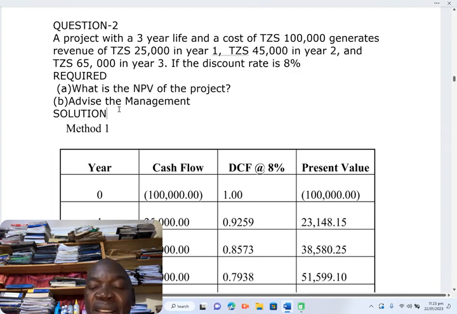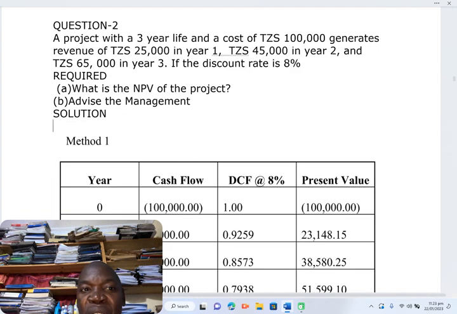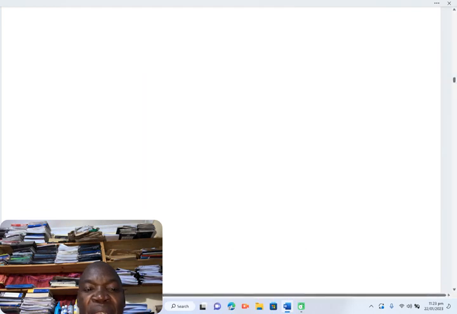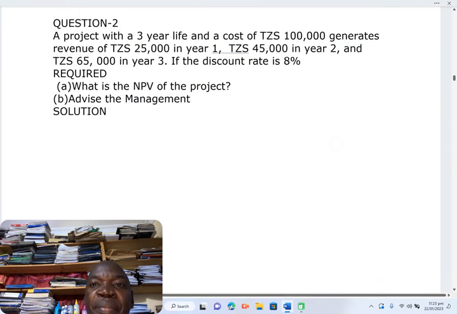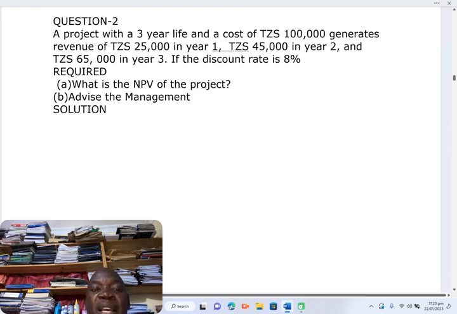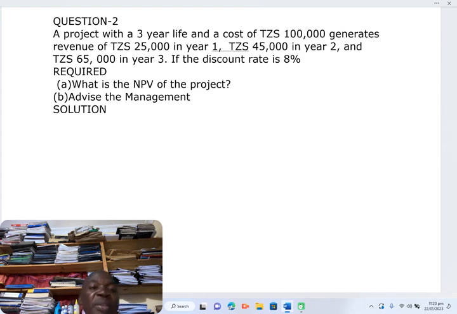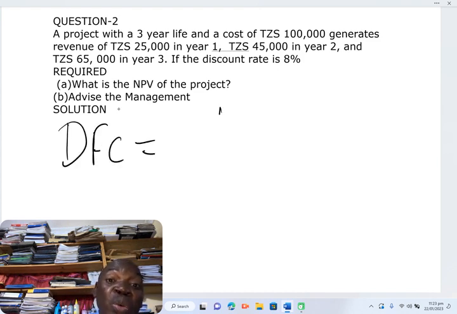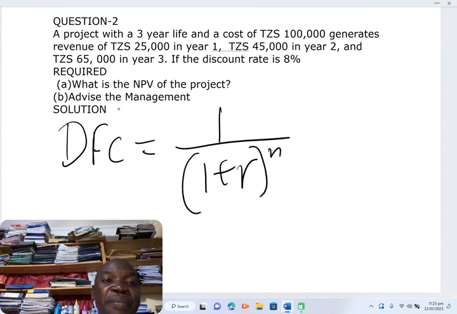Again, it's easy because we have gone through this one. So let me make a summary here if you didn't understand me on the previous answer. Remember, the discounting factor, the key issue here, is equal to 1 over (1 plus R) to the power N. This is the formula for the discounting factor.